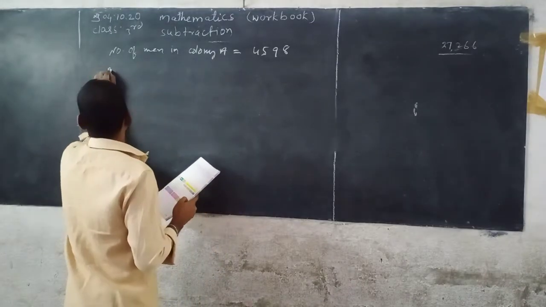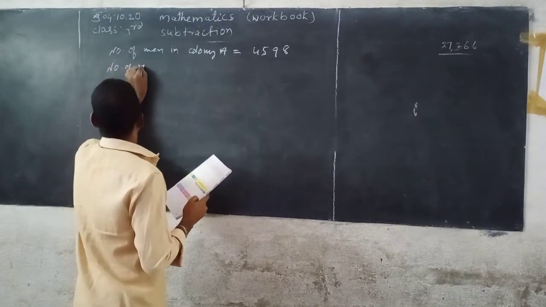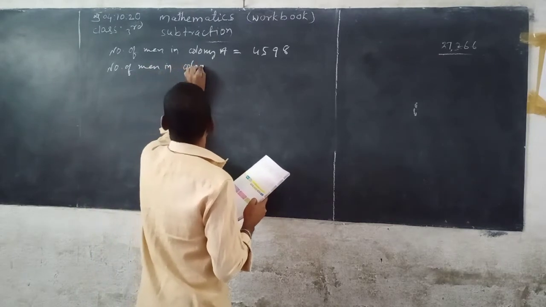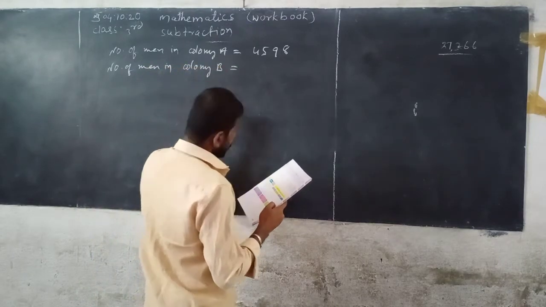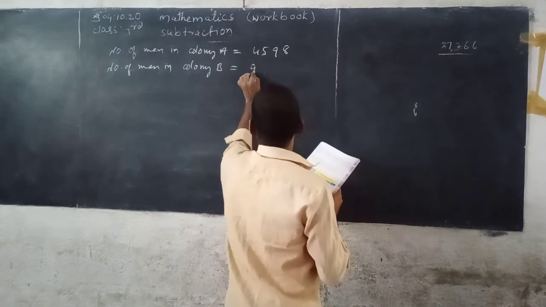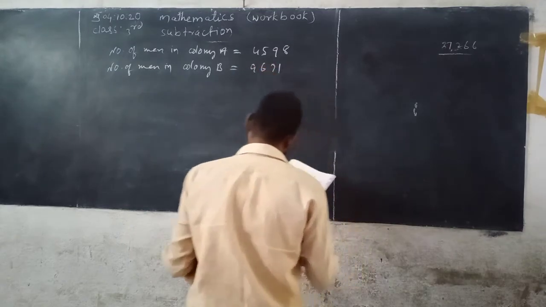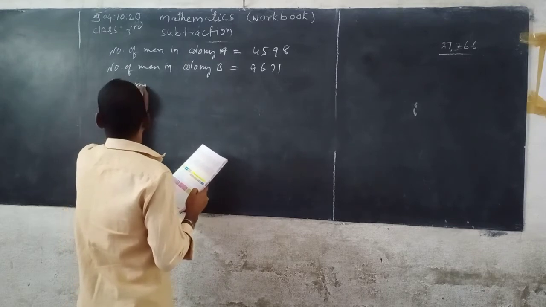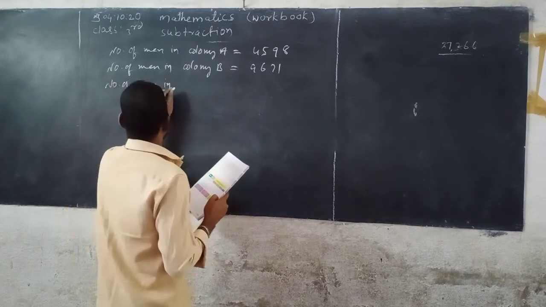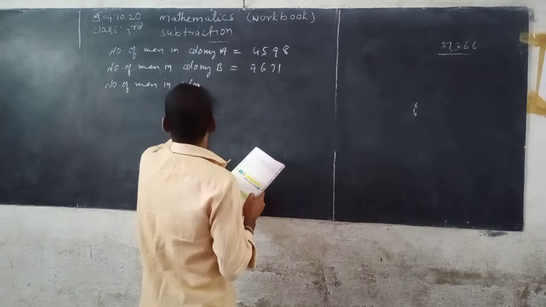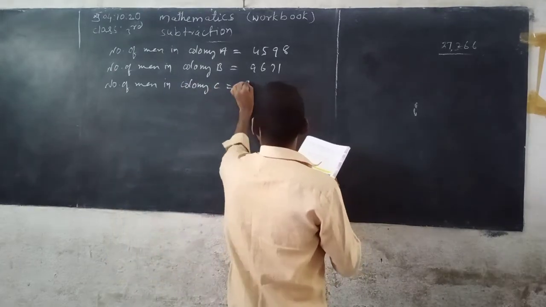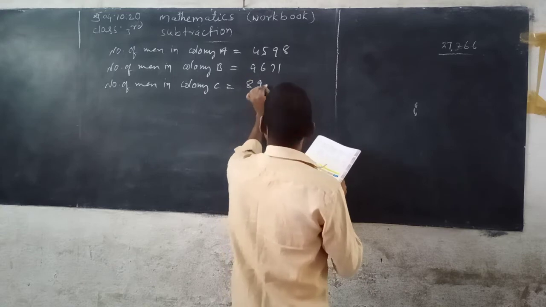Number of men in colony B is 9,671. Number of men in colony C is 8,996.